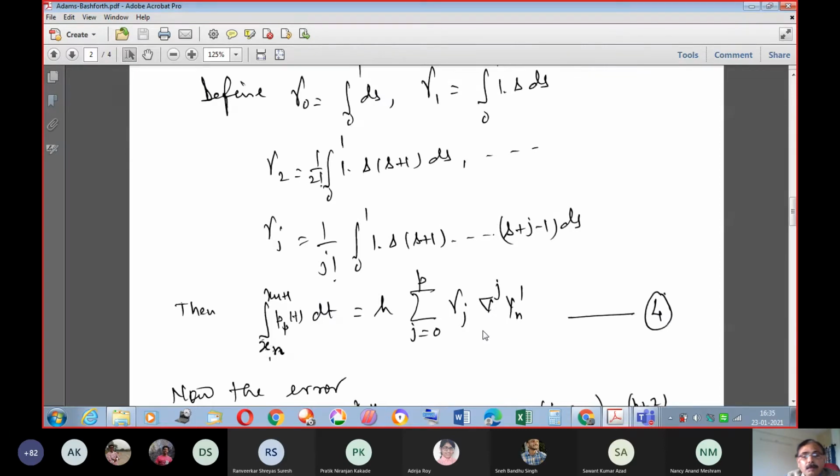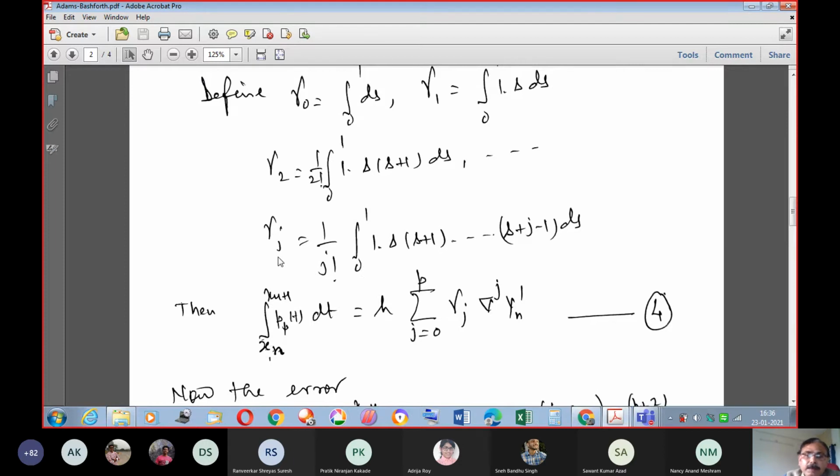coming automatically. One thing you have to be very careful about once you write this gamma j. Gamma naught will be only the first term, that is your 1 by 0 factorial, and then 1 into ds. Gamma 1 will have two terms, so it will be 1 by 1 factorial, 0 to 1, 1 dot s ds.